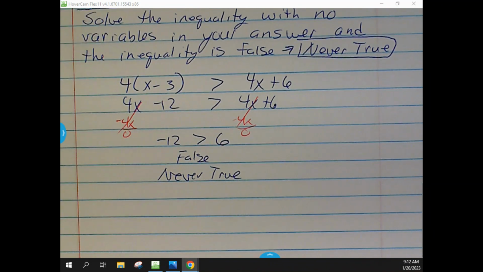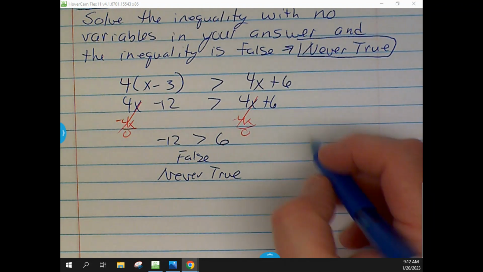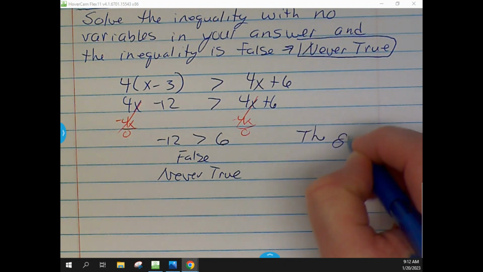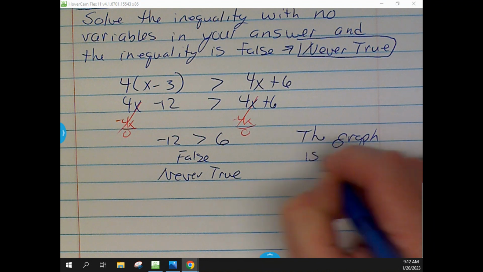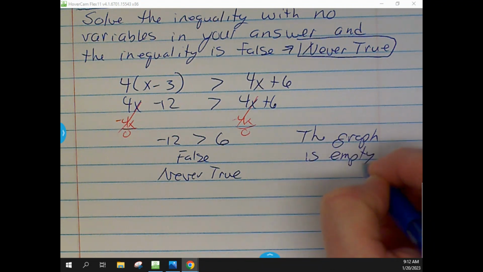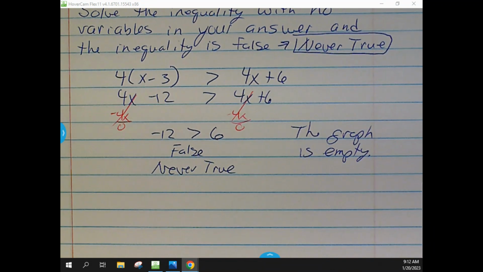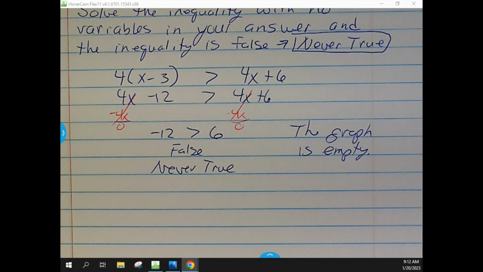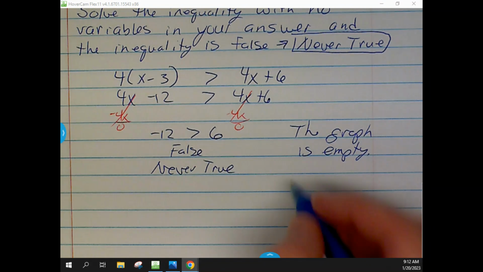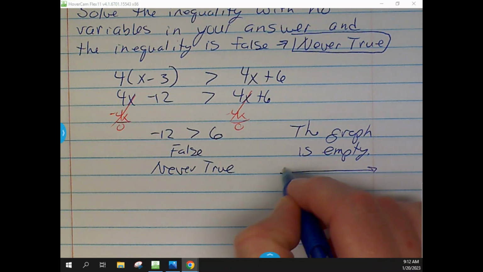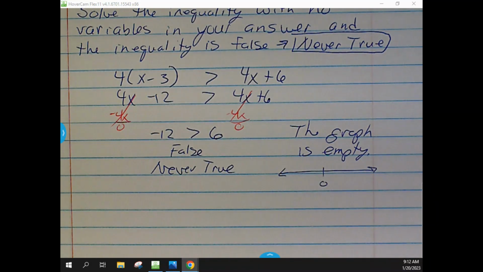Okay. And graph-wise on this one, it's an empty graph. And probably in a lot of these cases, they won't even ask you to graph this one because it doesn't make sense, because there is no graph. You've just got this empty number line and there's no graph on it.